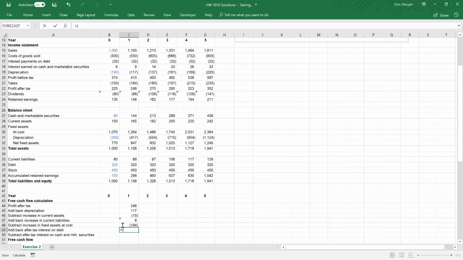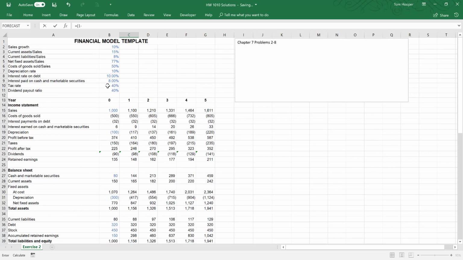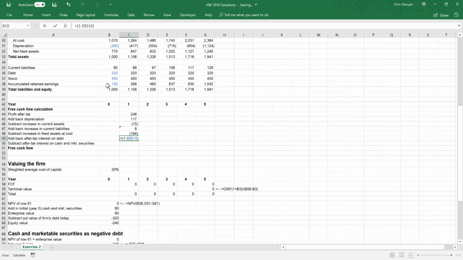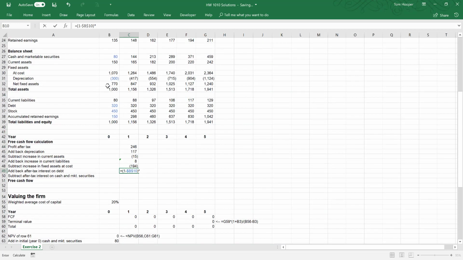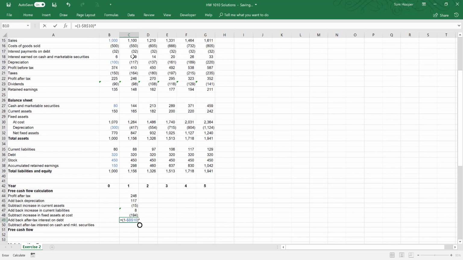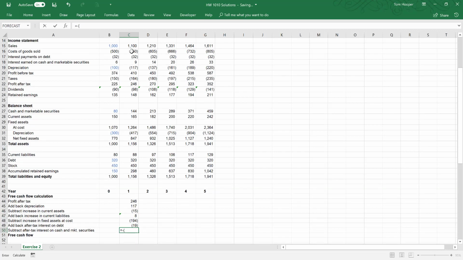Add back our after tax, so 1 minus the tax rate, interest expense. And then do the same with interest earned.